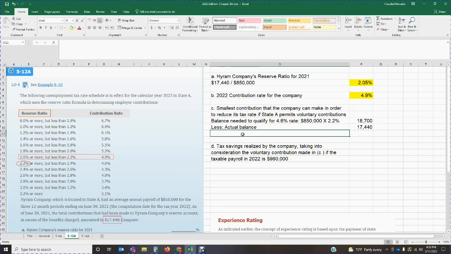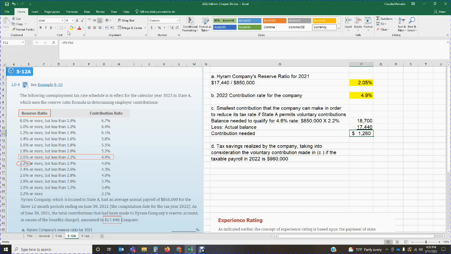That means the contribution needed to jump from the 4.9 to the 4.6 would be 18,700 minus my 17,440. That would give me $1,260. I would need to contribute an additional $1,260 into my reserve account to be able to go from paying 4.9% to paying 4.6%.